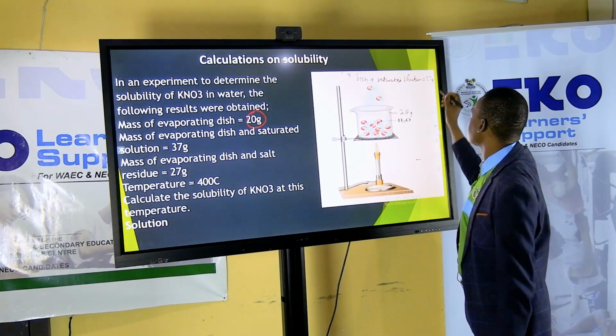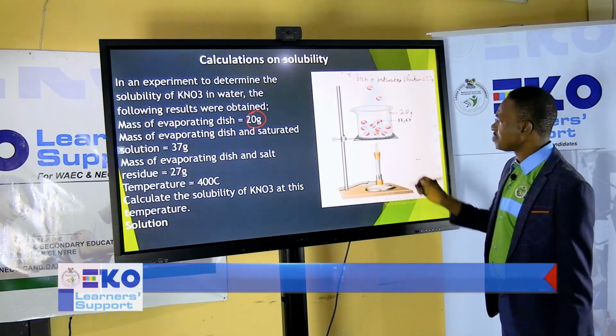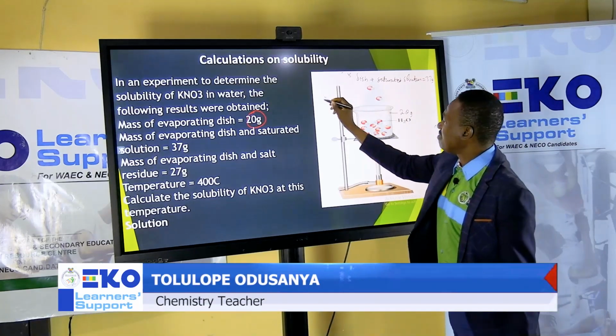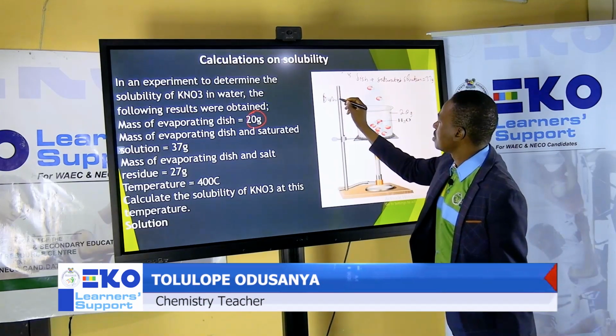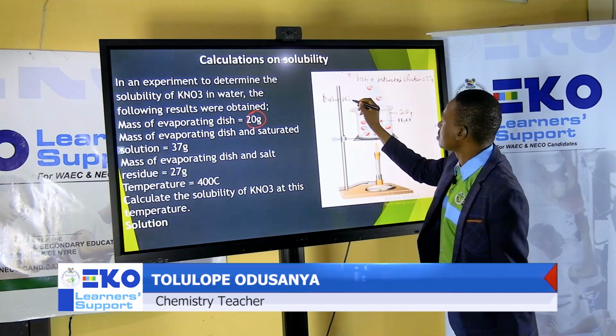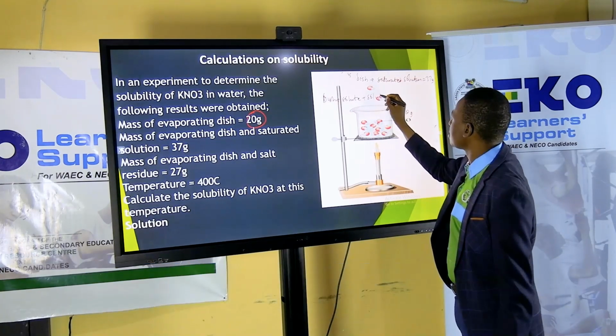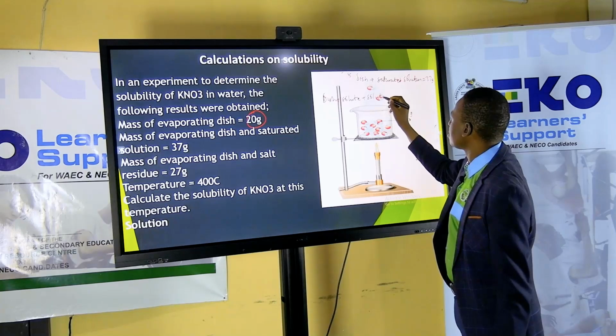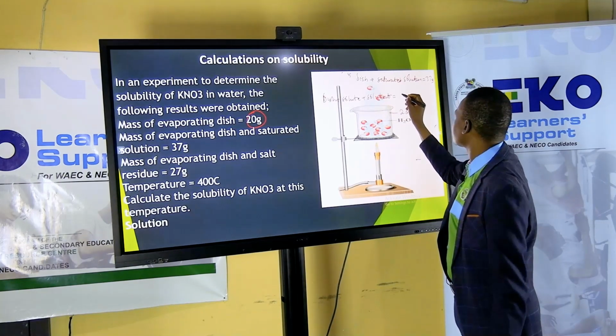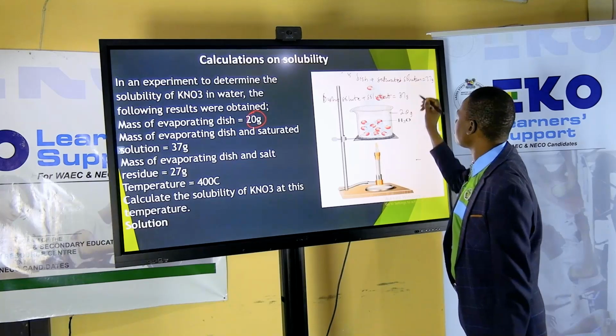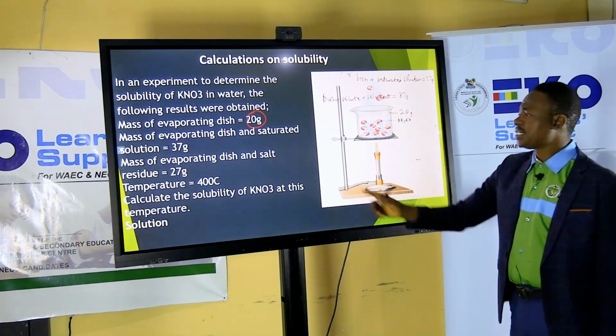What is the implication? The implication here is I have the dish plus solutes plus solvents giving me what? 37 grams. Good.